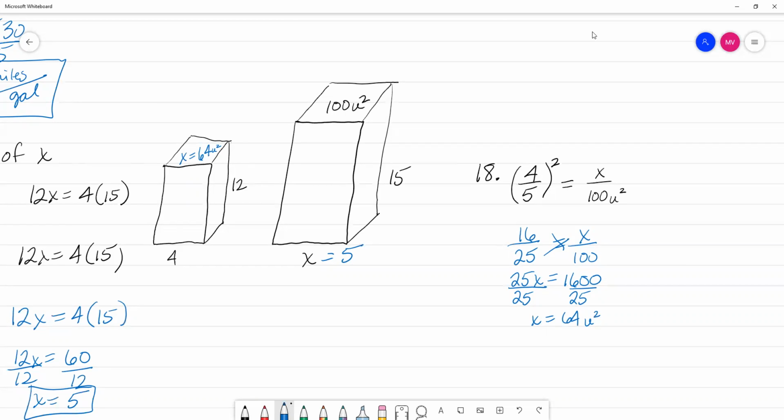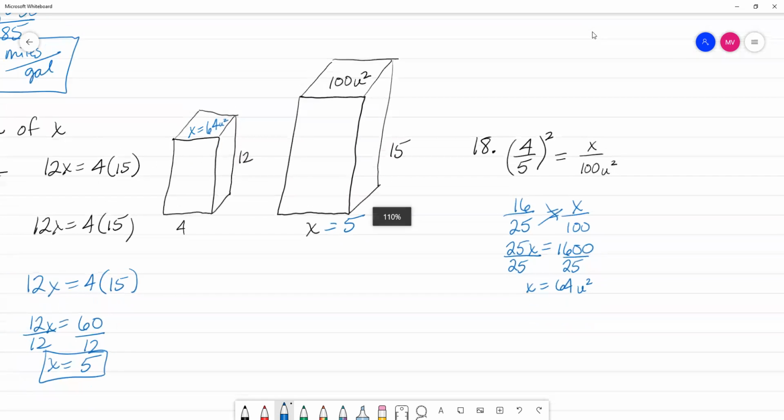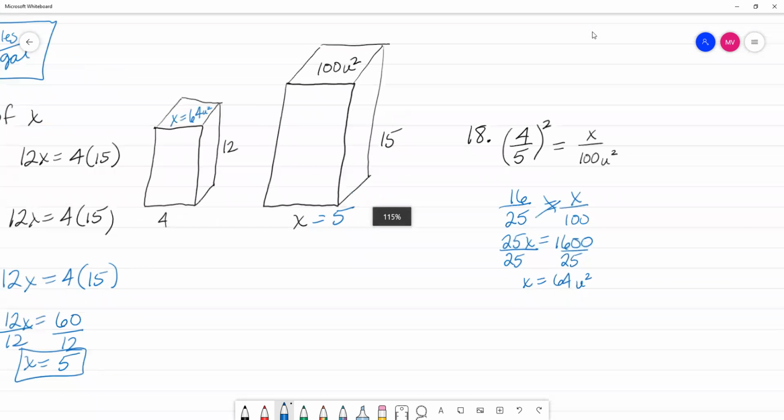That's a much bigger ratio than 4 to 12 or 5 to 15. So you might want to check your math if you have a super tiny area but everything else doesn't have a huge difference, or if it's bigger and you're calculating a smaller figure. You should be able to use a little bit of common sense to look at your answer and find out, does this really make sense?